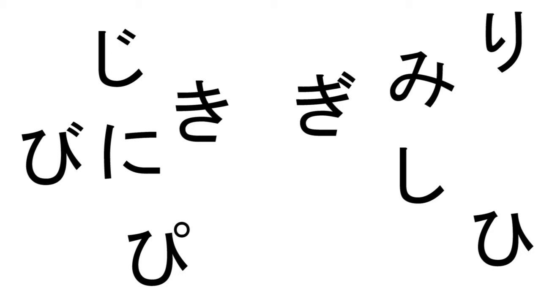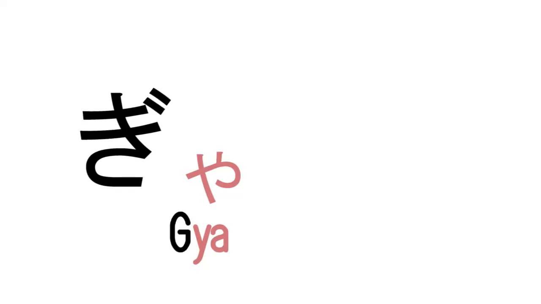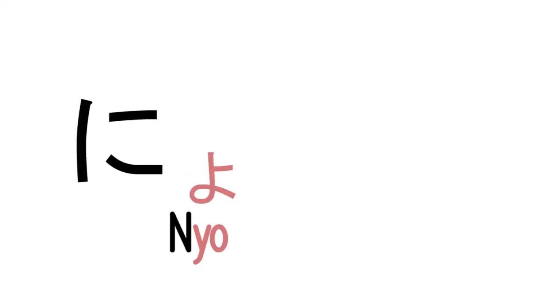And this also applies to any of the new ten-ten and maru characters that we have. So that includes now gi, ji, bi, and pi. In most cases the way that it will work is essentially like a combination. So you have kiya, giya, niya, miya. And it's pretty simple in that way.